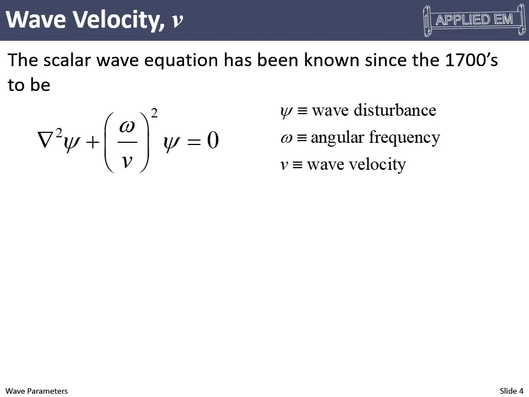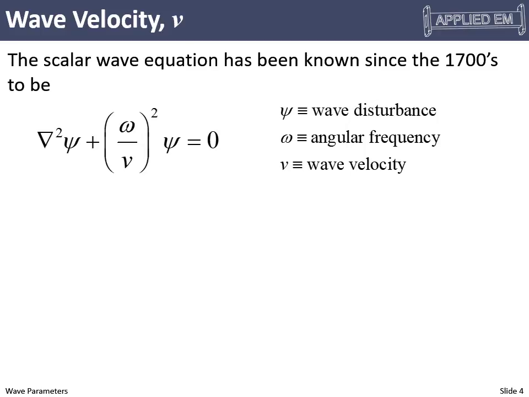For an electromagnetic wave, it would be the electric field. If it's a sound wave, it's pressure in air. Whatever kind of disturbance it is, all waves fall into this same equation, and they have to because it's the wave equation. What was known is that if you could write it this way, here is the frequency and the velocity of the wave. That's been known for hundreds of years.